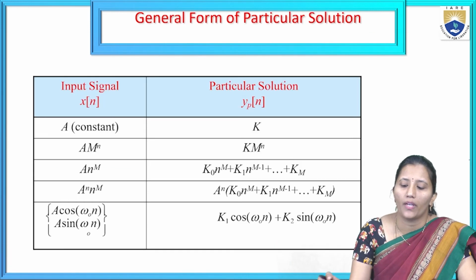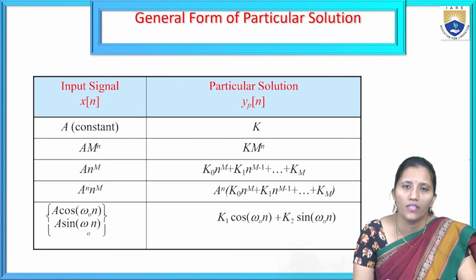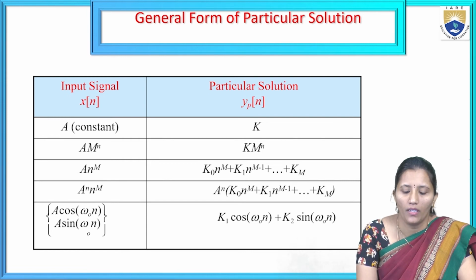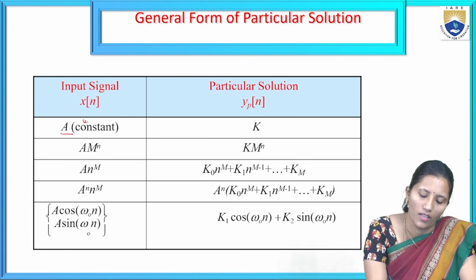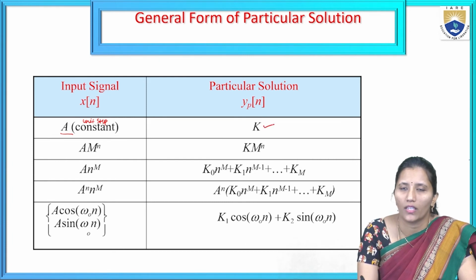So here to write the particular solution of the system, we have to remember this table. Okay. If the input signal is constant or unit step signal, okay, then the particular solution is k.